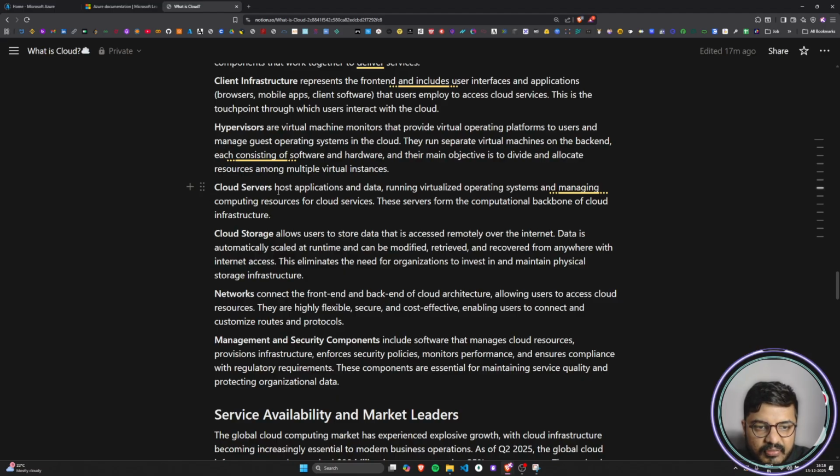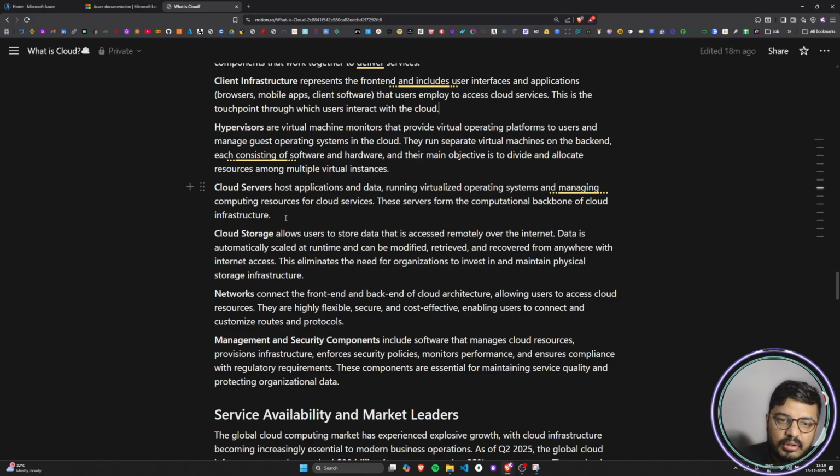Then come the cloud servers, which host applications and data, running virtualized operating systems and managing computing resources for cloud services. These servers form the computational backbone of cloud infrastructure. If I talk about infrastructure as a service, these are those cloud servers themselves.